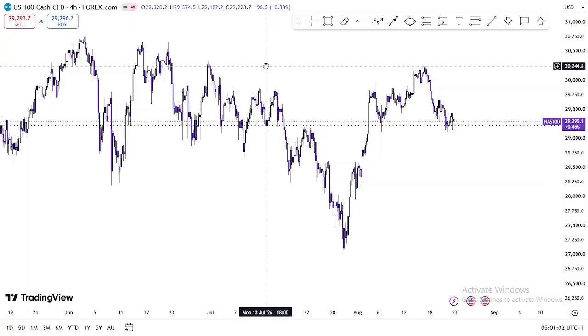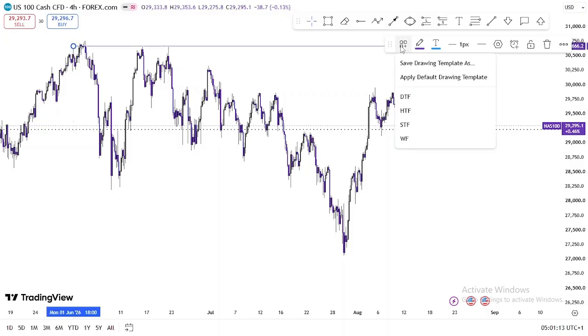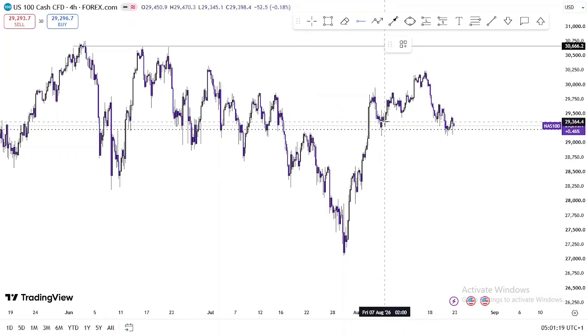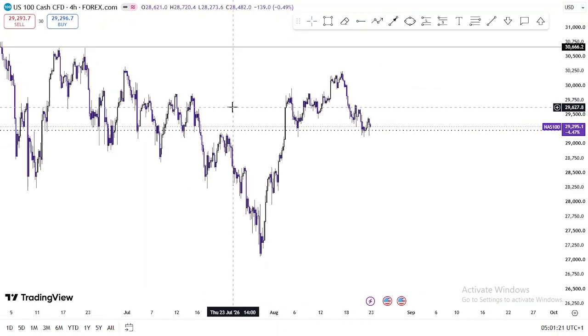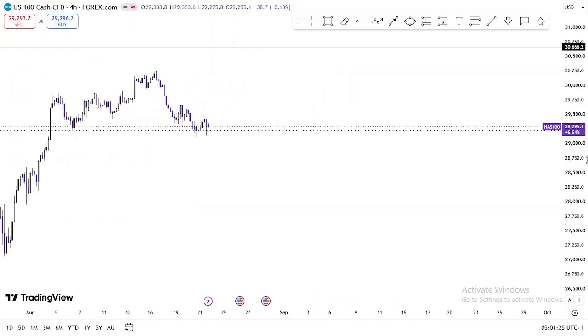So let's just mark out this major high here first, and then from there let's come back to this most recent price action and let's start working with it.